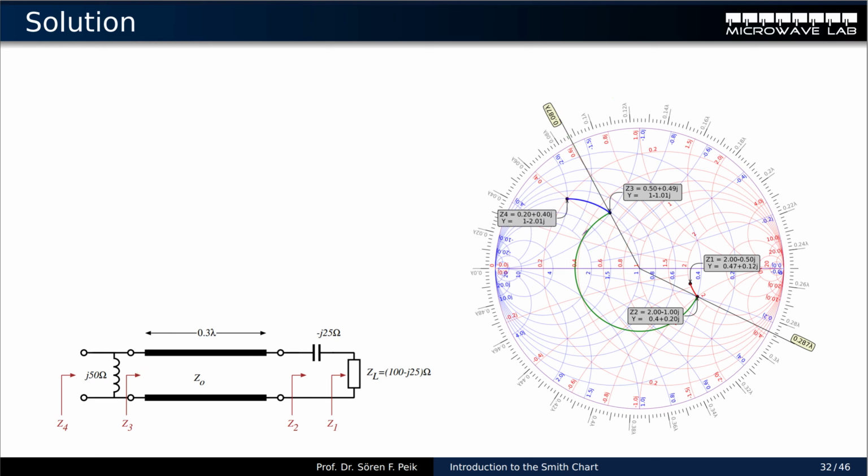Since it's in parallel, we have to add the impedance Z3 with this impedance j50 ohm. The impedance Z3 we can also express as Y3, and we can do that by reading it off the blue grid. Maybe I go in blue now.